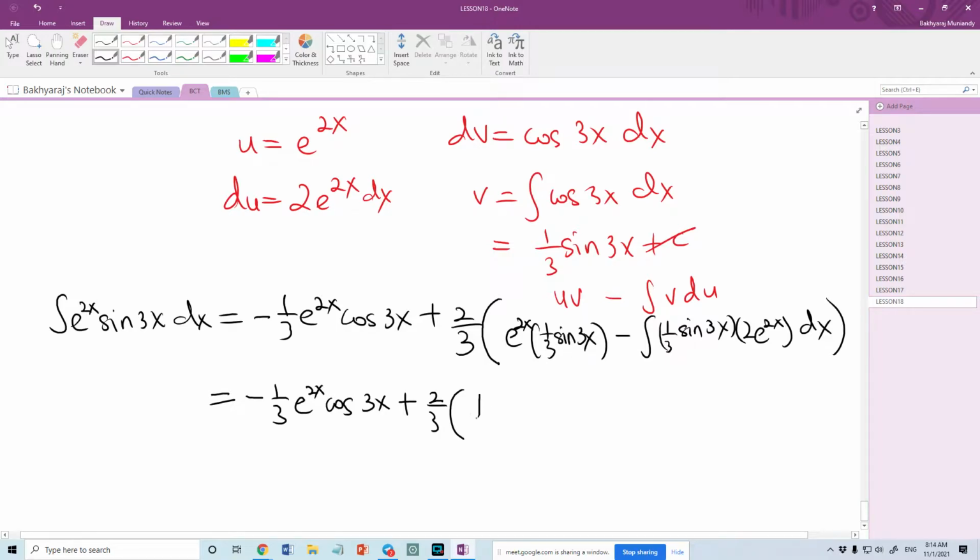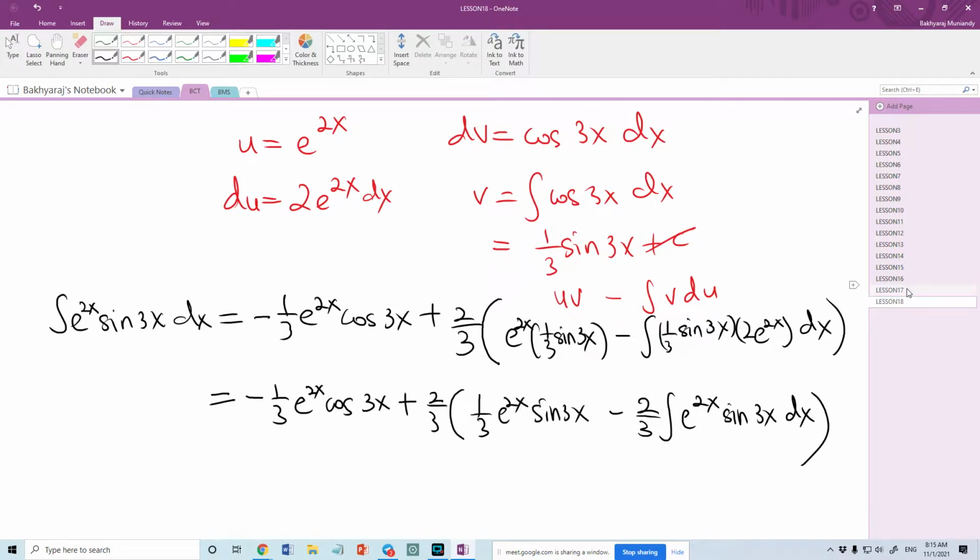Here we get 1 over 3 exponent 2x sin 3x, minus, and here the constant is 2 over 3 but minus, because there is only one negative here, so definitely 2 over 3 integrate exponent 2x sin 3x dx, close bracket. So this is what I get.